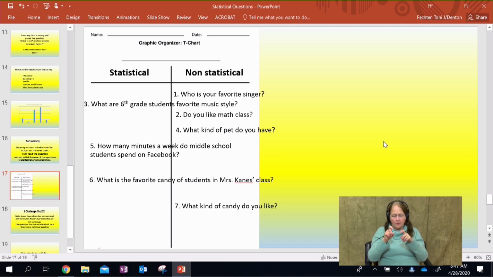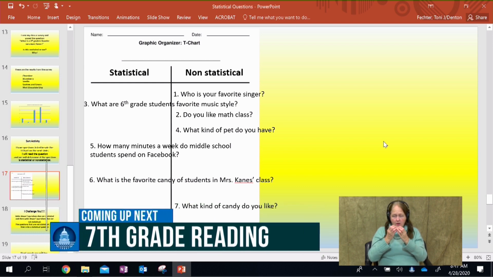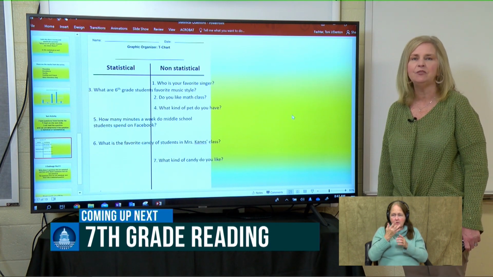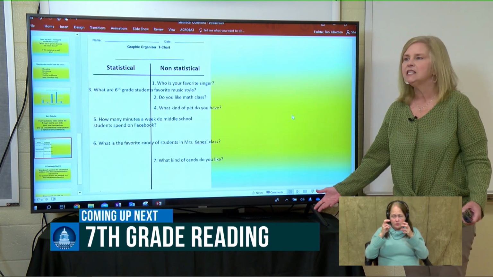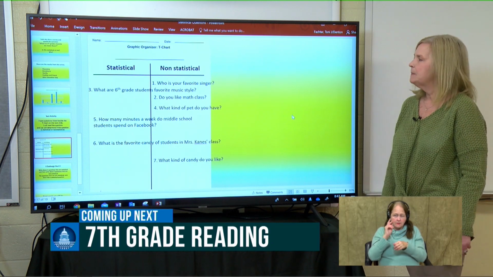And like I was saying before, I already told you on this one, who is your favorite singer? You could switch that to who is the favorite singer of 6th graders. That makes it statistical. You can always change a non-statistical question to a statistical question. Do you like math class? Okay, that's not statistical, but you can turn it into what is the favorite subject of students in Miss Kane's class.